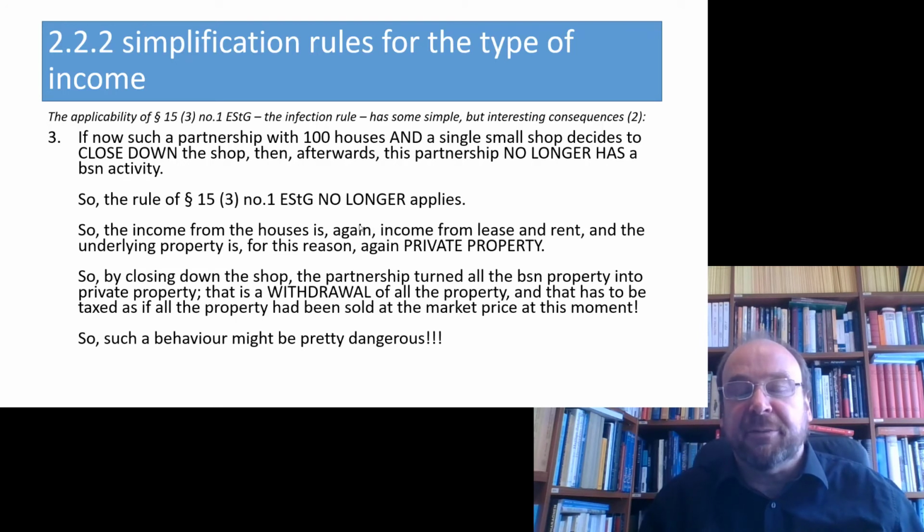So the income from the houses is again lease and rent income, and the property is therefore again private property. And that would imply that by closing down the shop, you also turned a mass of business property, all the 100 houses, into private property.